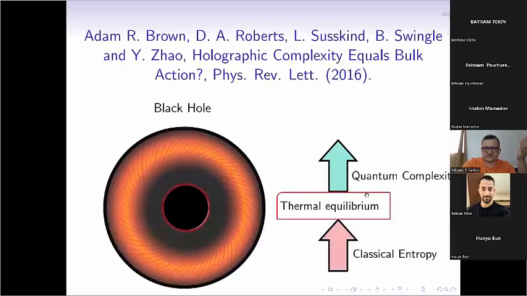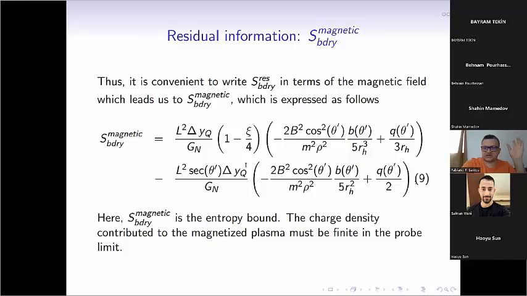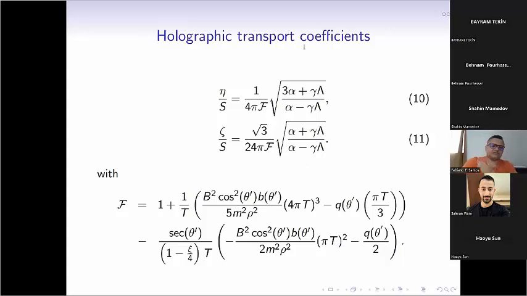When we perform this, it's possible to rewrite the boundary entropy in terms of the magnetic field. Okay, and using the tensor perturbation, it's possible to extract the holographic transport coefficients, like the shear viscosity and bulk viscosity. Okay, and what happens now for the large temperature and the low temperature with these transport coefficients?